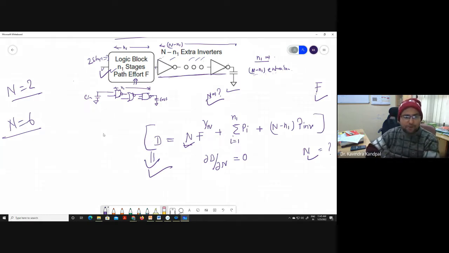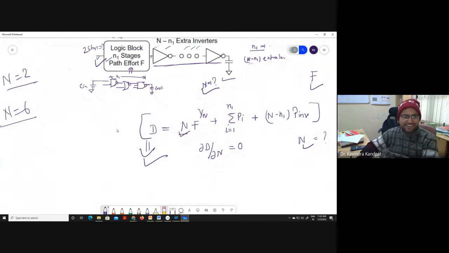But right now I need to know what this n is. And in order to find the n which we need for the optimal value of the delay, you need to take the derivative of this particular equation with respect to n. Just do the differentiation.